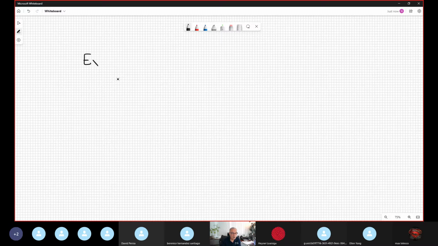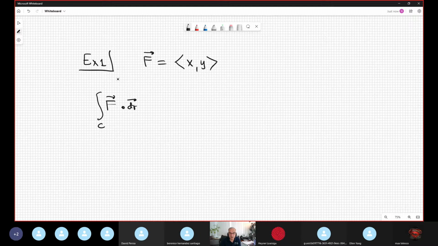Example 1. Line integral circulation. The vector field is given. It's the famous x comma y that we studied last class. I want to recall this guy. And I need to compute the line integral circulation of this vector field dot product dr, and C. Who is C?